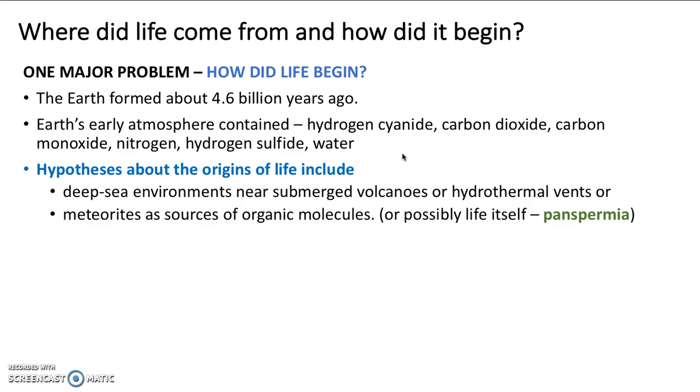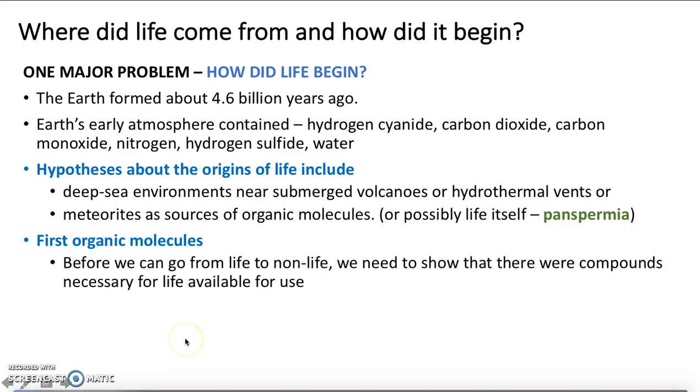So one idea is that not just organic materials, but some life itself, some of those single-celled organisms that would have been the start of life on this planet, may have come to us through those asteroid and meteorite impacts. So in order for all that to happen, we actually need there to be organic molecules.